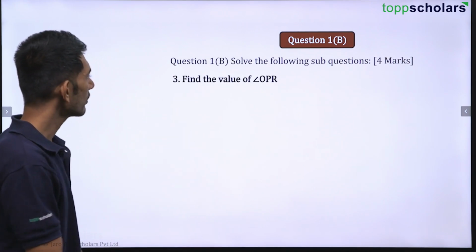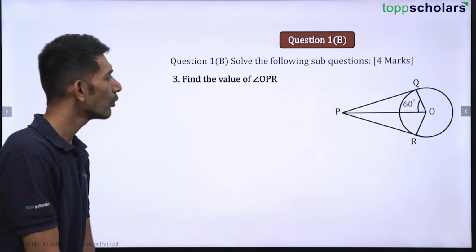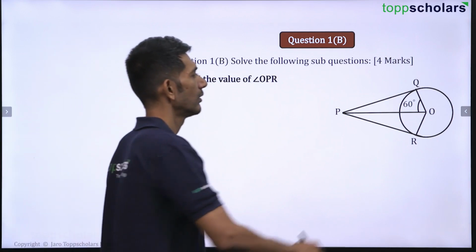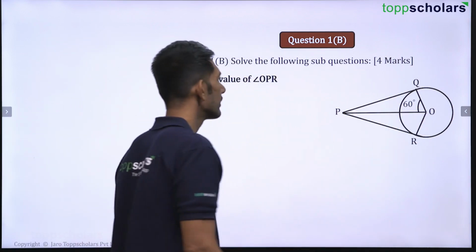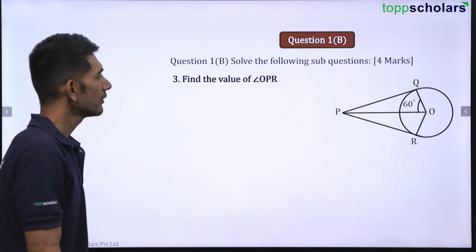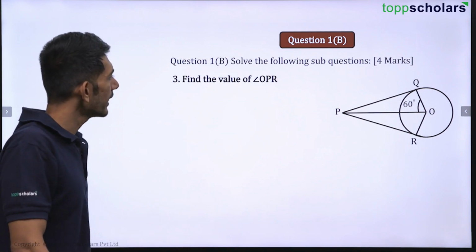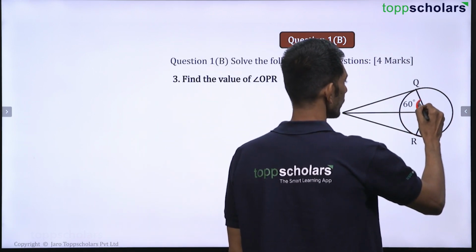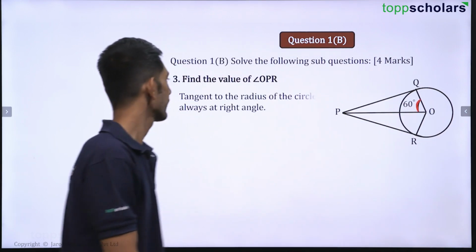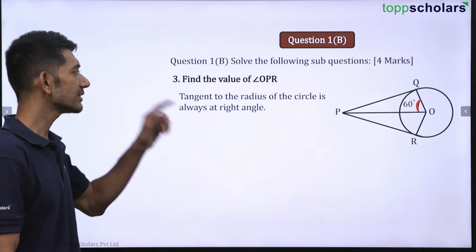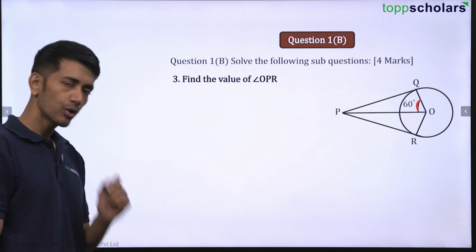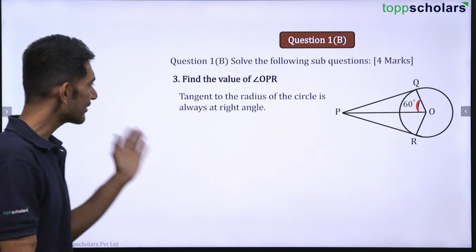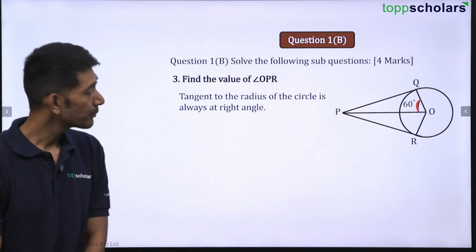Now let's talk about finding the value of angle OPR. In this particular question, we are supposed to find out angle OPR, right? What is given? It is already given that angle POQ is 60 degrees. We know that the tangent is always perpendicular to the radius at the point of contact.